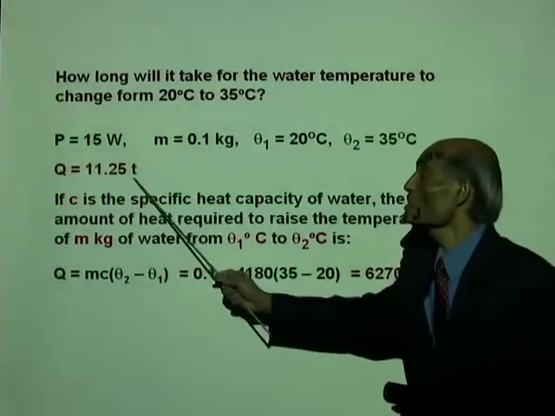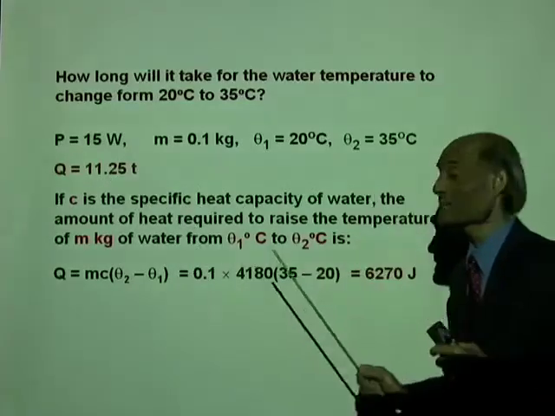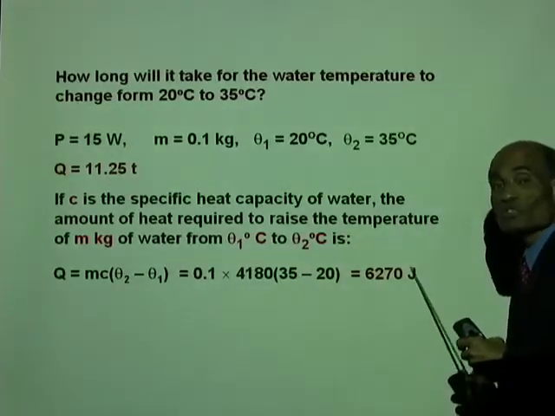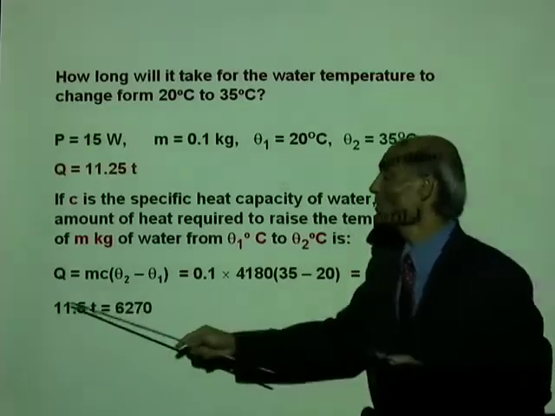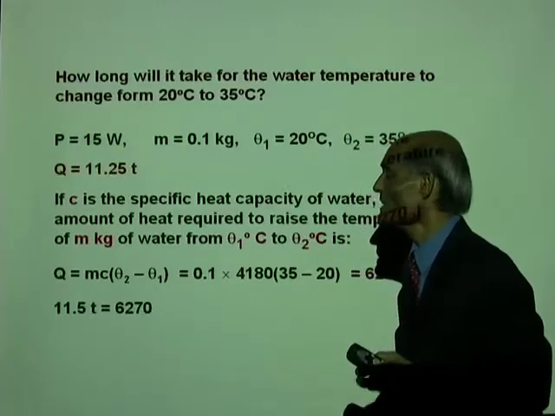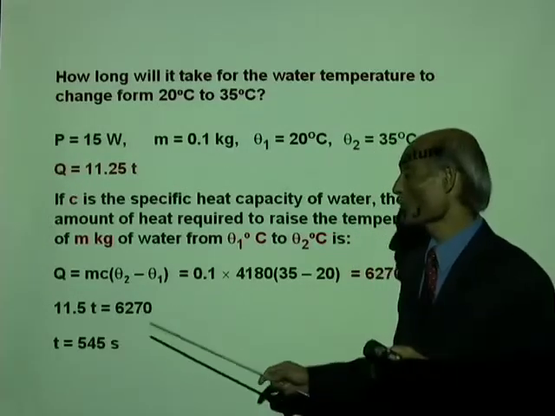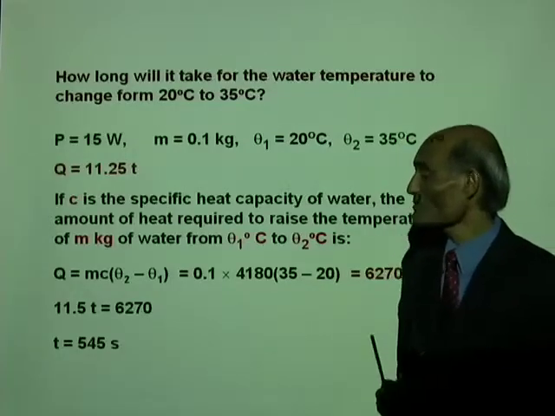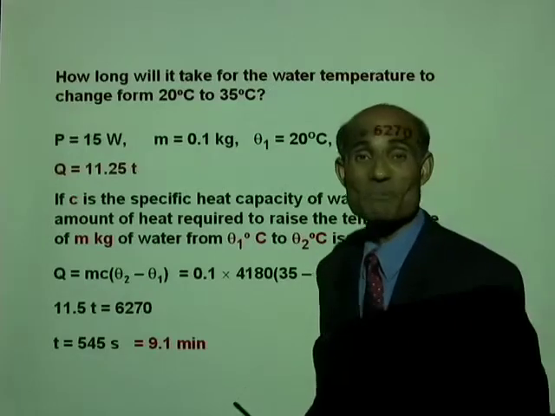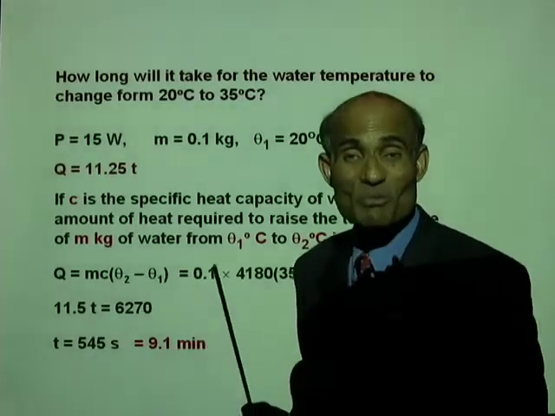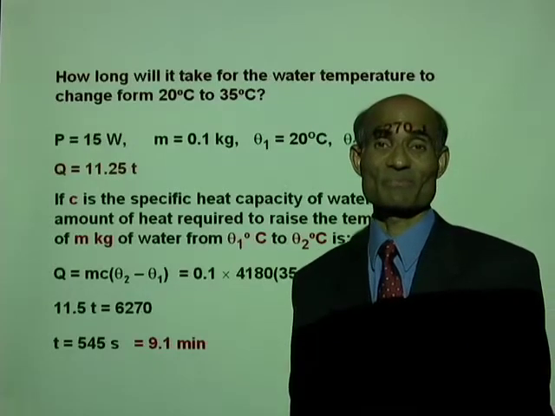That means this quantity of heat produced and supplied by the heater equal to this quantity that is used by water. So 11.25T equal to 6,270, therefore T equal to 557 seconds, that is 9.3 minutes. A typical kind of problems, you must know how to solve these kind of problems.